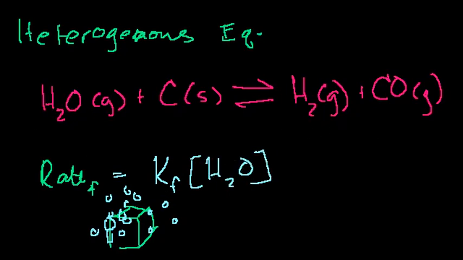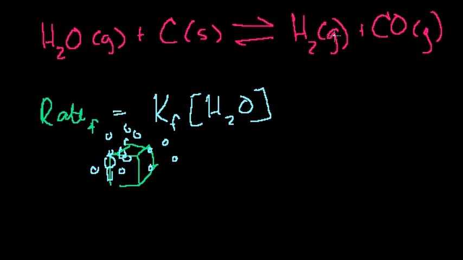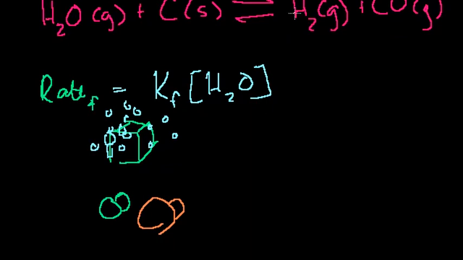And of course the backwards rate, so you need to get some H2, some molecules of this. Let me draw it like that because it has two hydrogen atoms, and then plus a carbon dioxide. So maybe carbon dioxide looks like that. So the reverse reaction rate is going to be equal to some constant times the probability of finding both of these molecules in the same place.